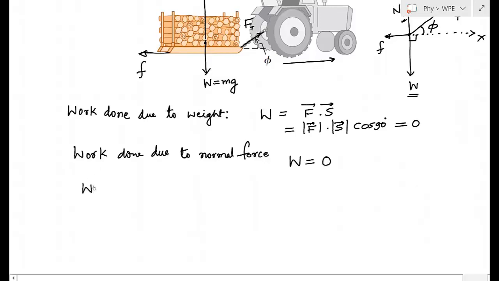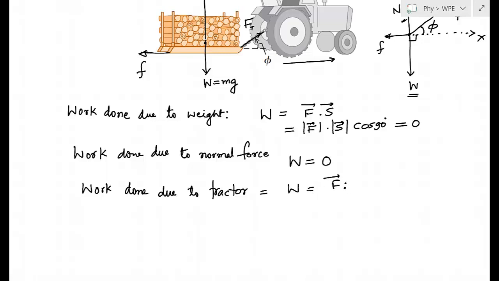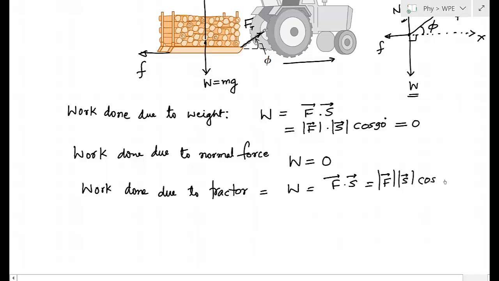So we can write work done due to tractor. This work done, that is W, is equal to F dot S, that is nothing but magnitude of F, magnitude of S, and cos phi. So now everything is given.